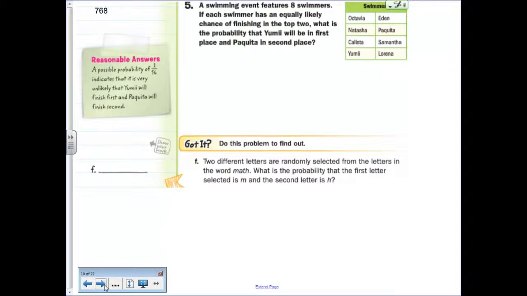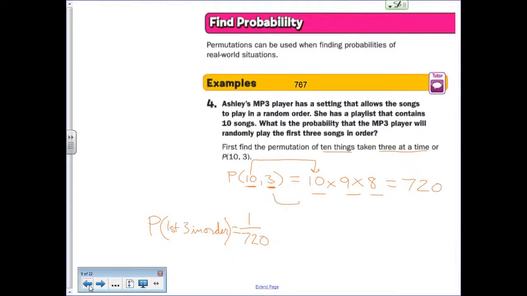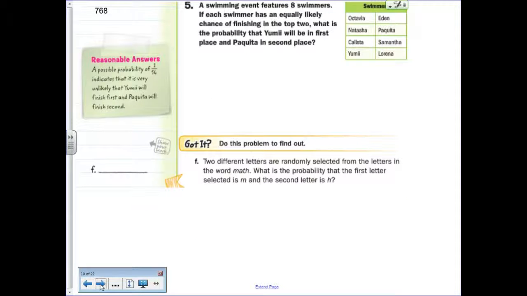A swimming event features 8 swimmers. If each swimmer has an equal likely chance of finishing in the top 2, what is the probability that Yumi will be in the first place and Pakita in second place? Well, let's take a look.